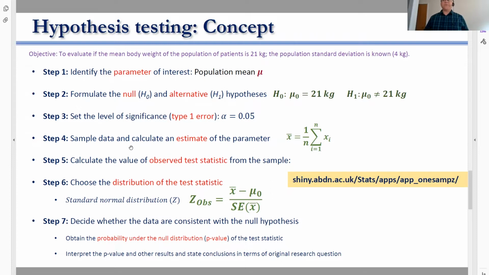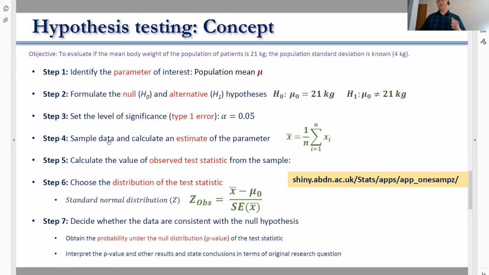And then we, of course, collect our sample data and we get an estimate of the parameter. Now, remember, these 3 steps we really set even before collecting the samples. So we identify our parameter of interest, we set our null and alternative hypothesis and our type 1 error, even before collecting our data.